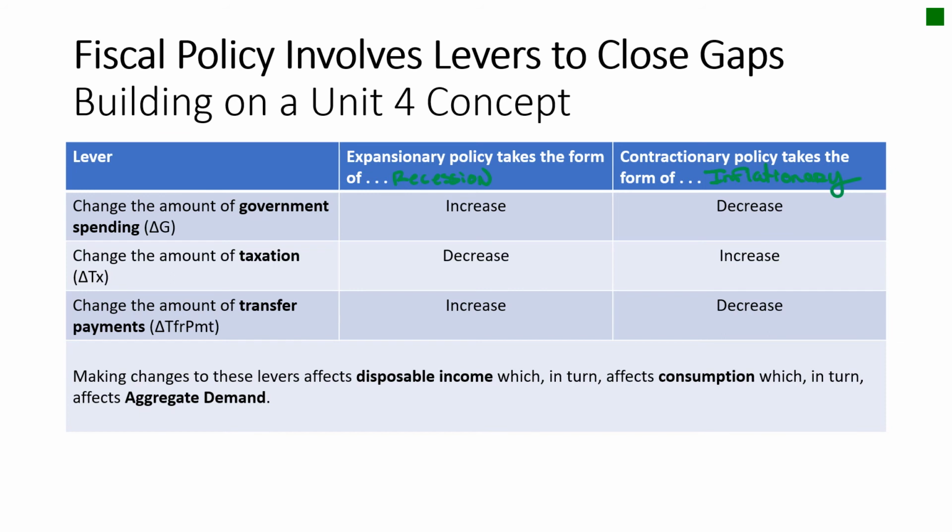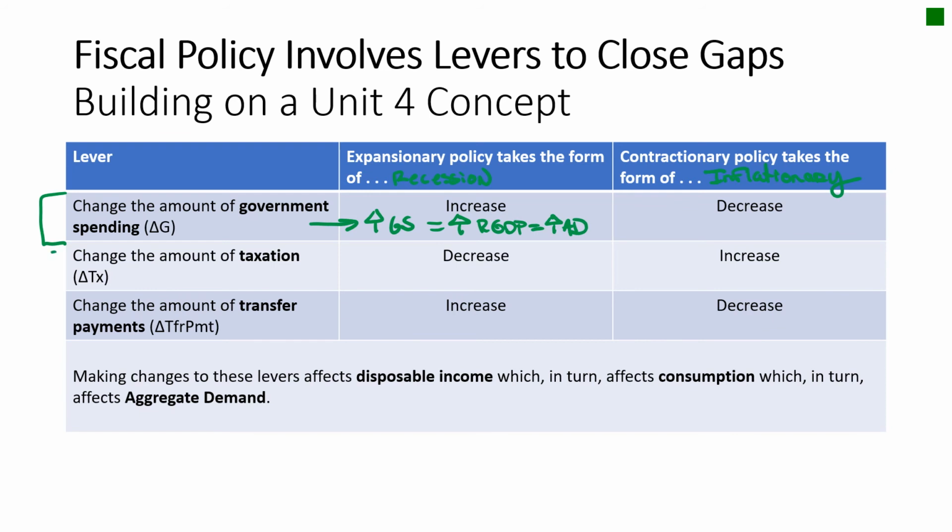So in this case, if we wanted to take a look at government spending as the tool we're going to use, obviously we're going to increase our government spending. If we increase our government spending, then that should have an increase in your real GDP, which should then have an increase in your aggregate demand.